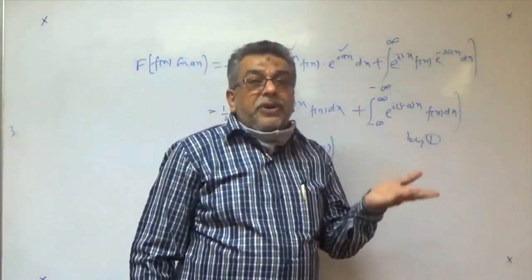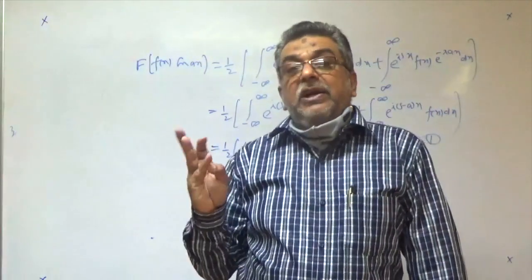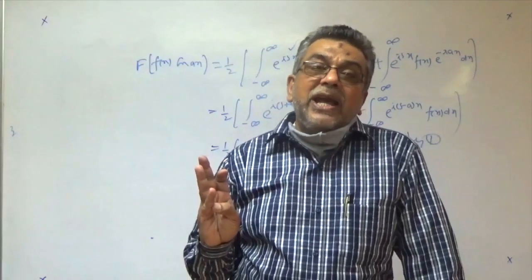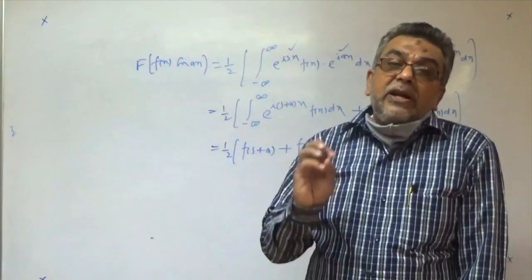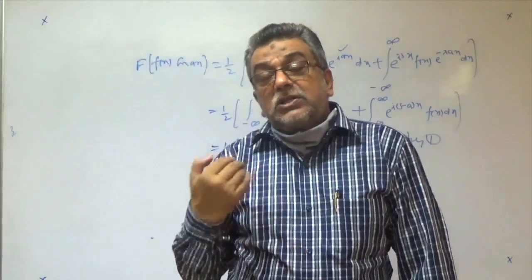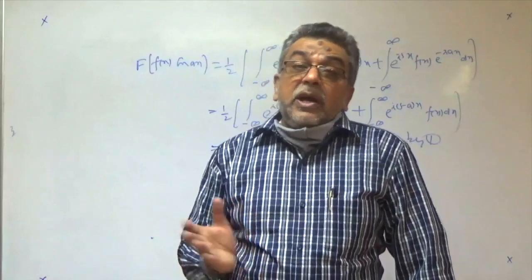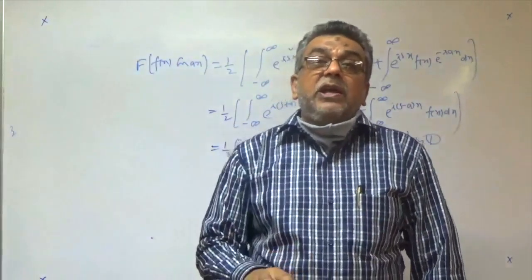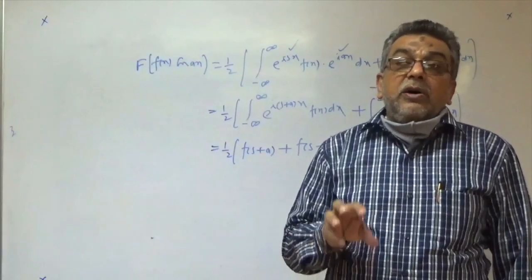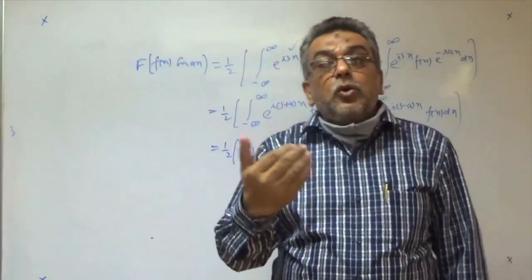All the properties I first proved and verified: the linear property, then the change of scale property, then the shifting property, then the modulation property. All of the properties I just verified here for the Fourier transform, but all the properties also hold and will be used for the Fourier sine transform as well as the Fourier cosine transform.